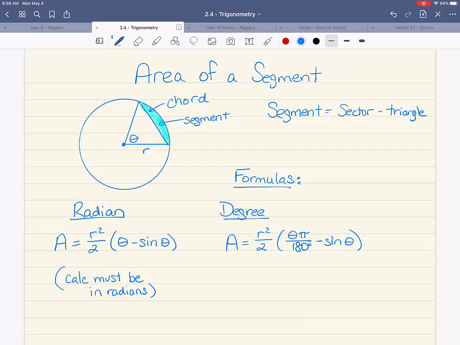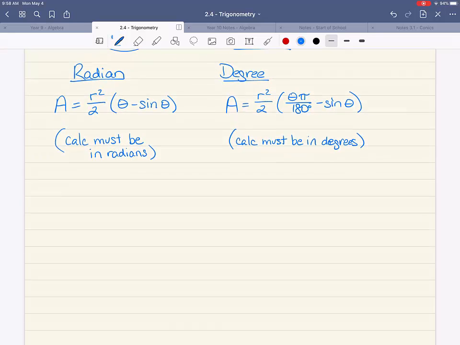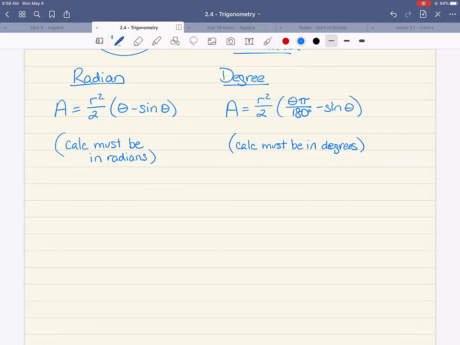Your calculator is currently in degrees. So if you're going back and forth, you're going to have to check every time you do a problem to make sure that your calculator is in the correct mode. So I will do one of each and show you how this is done. We'll start with the degree mode because that's the easier one.